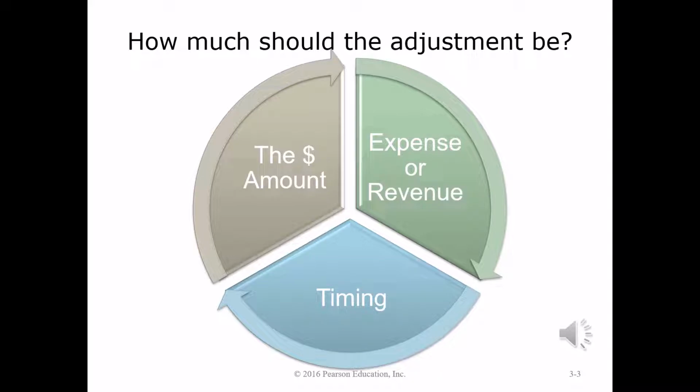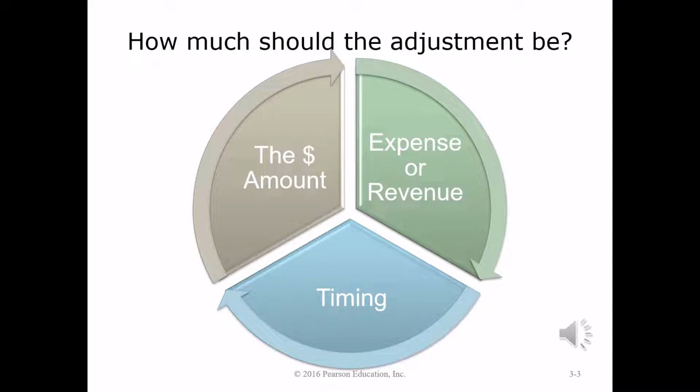Today we're going to be looking at adjusting entries that are a little bit more complicated. All of the information will be given to you, but you will have to determine what the amount is for your adjustment. We're going to do this looking at three questions. First of all, is it an expense adjustment or a revenue adjustment? This will help us know what our journal entry should look like.